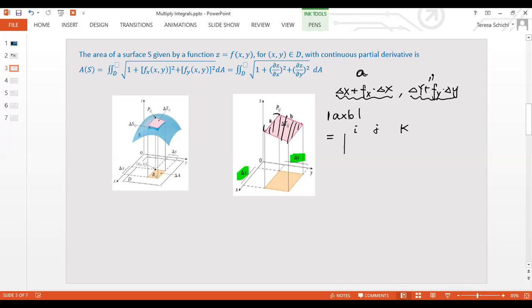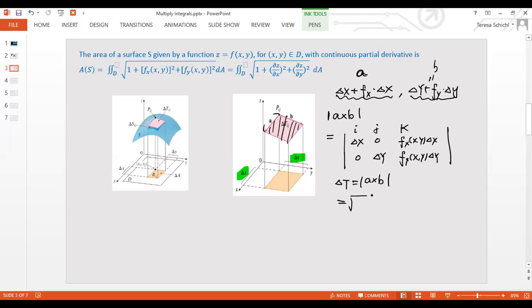For A, put delta x, 0, then the partial f x times delta x. For B, put 0, delta y, then f y times delta y, and then you do the cross product. So I know this little area, the delta T area, is equal to the length of A cross B. And if you figure that out, what is it going to be here?